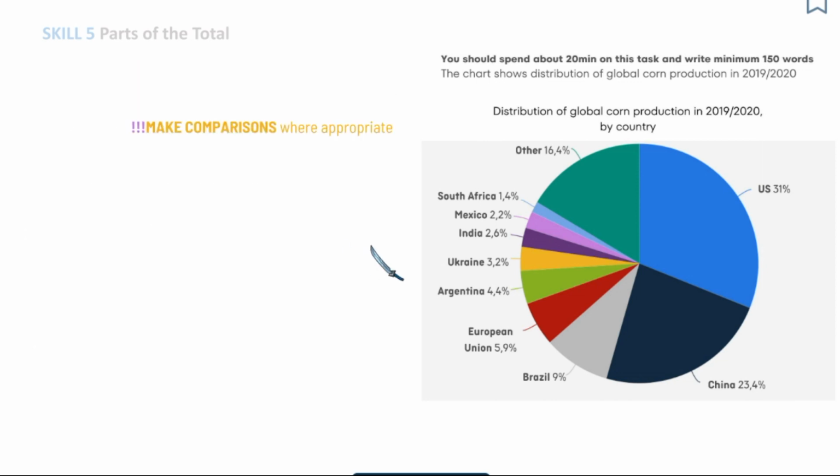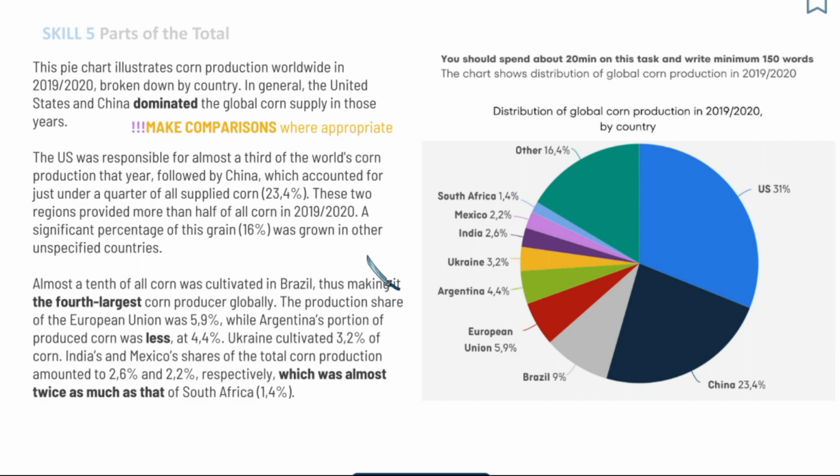So talking about comparisons, like I said, one of your tasks is to provide relevant and appropriate comparisons. And now I have highlighted different ways of how I actually made these comparisons in this report. I've used the word dominated. We have talked about this word in one of the previous lessons.